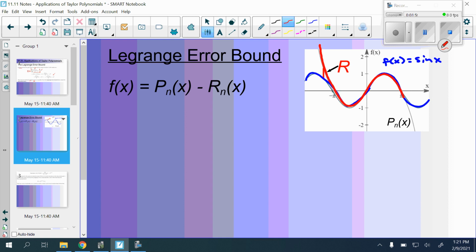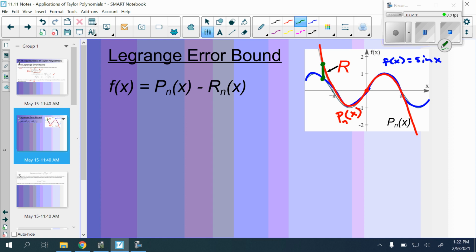It looks like it might be a Maclaurin one centered at 0. So the red one is our P of x for some number of values. What we're looking for is around some value out here, what's that R? What's the error involved? How much different is it here than it should be right here? That's the value that we're seeking today.